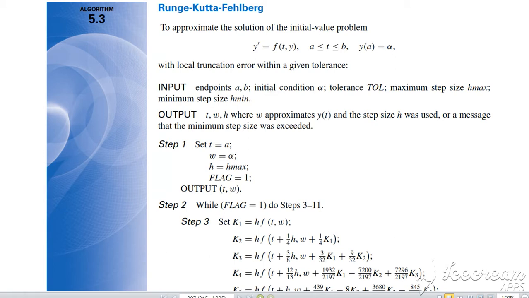In this method, we also have to approximate the step size in each iteration. Therefore, our output values are t, w, and h, where w approximates y(t) and h is the step size that was used, or that will be used, to compute the iterations.